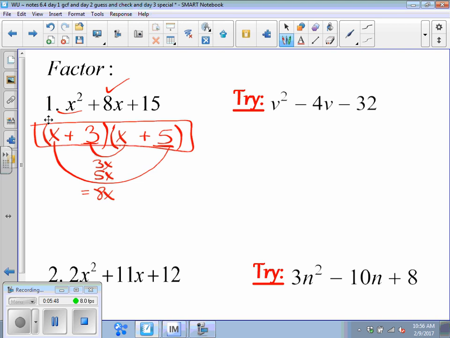Right? So this second sign right here tells you whether your signs in here are going to be the same or different. If that last sign is positive, then both factors are going to have the same sign. They might either both be positive or both be negative. What do you think is going to determine what they're going to be?